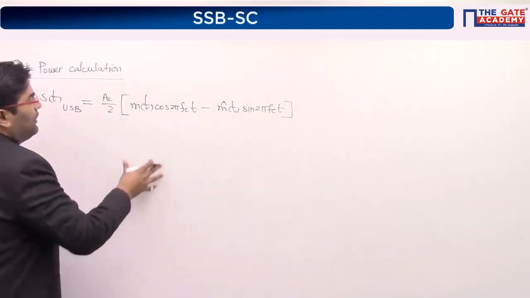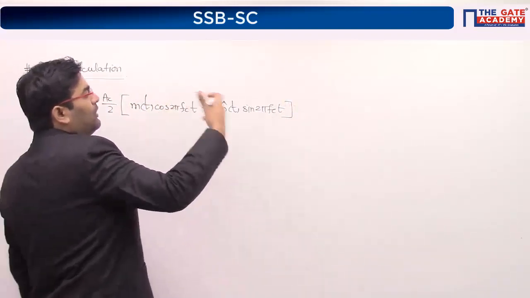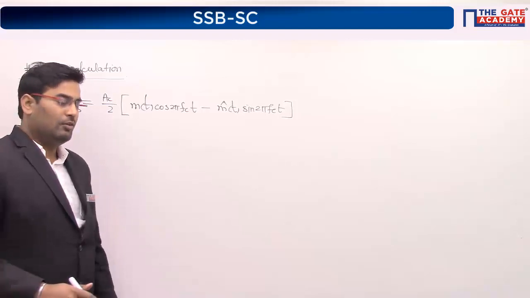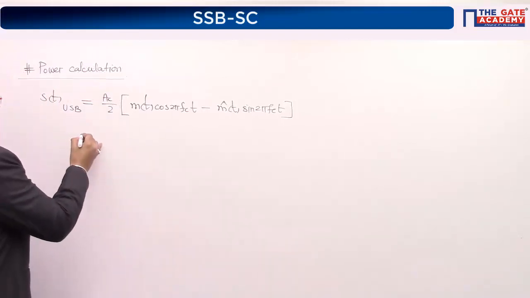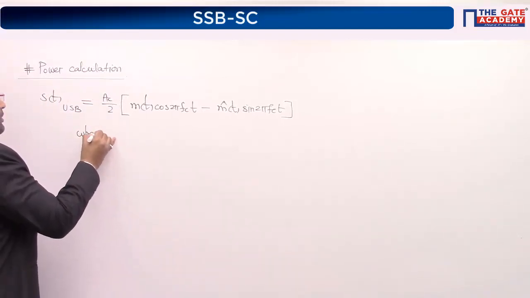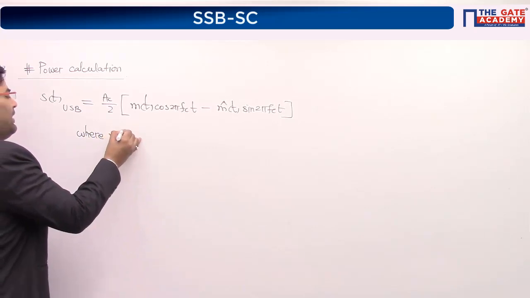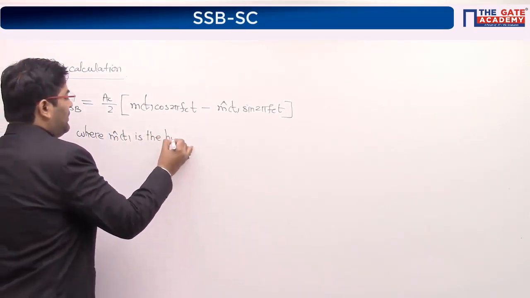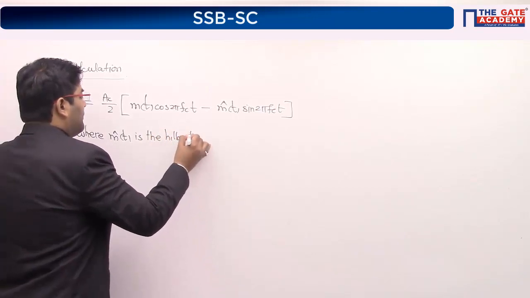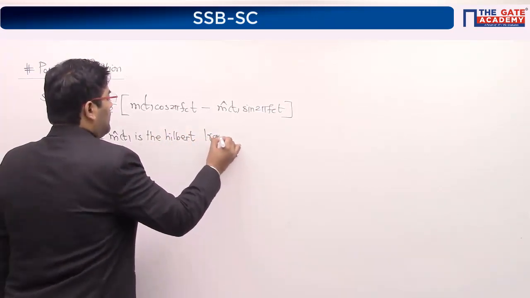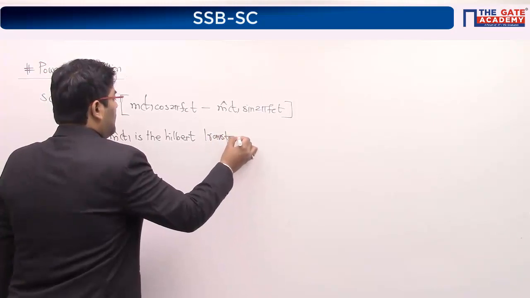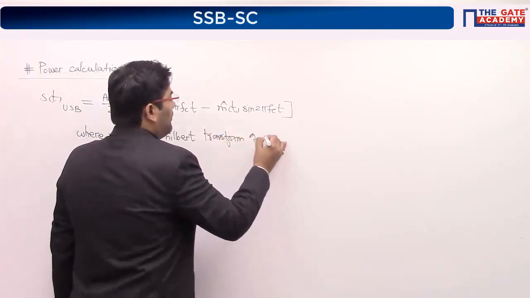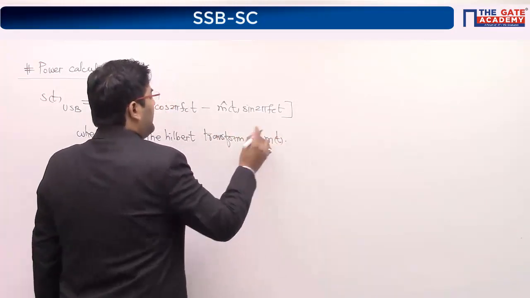See, actually what you're doing is taking this whole part and doing the Hilbert transform. Right? And you can also write where you know that M hat T is the Hilbert transform of MT.